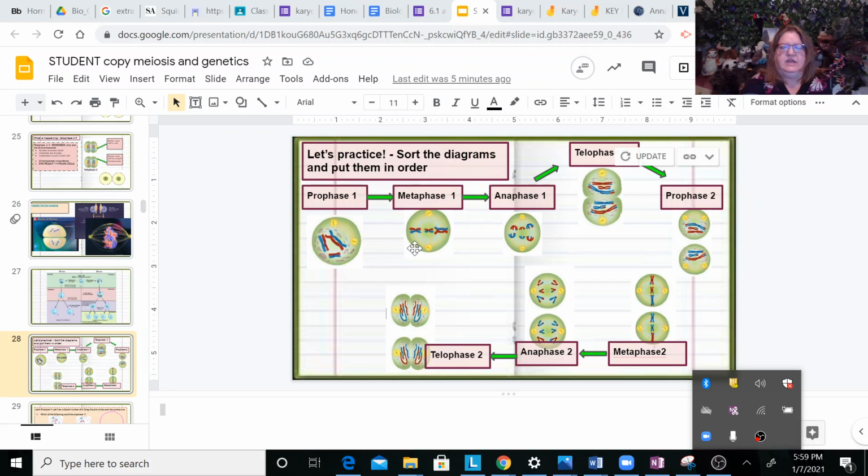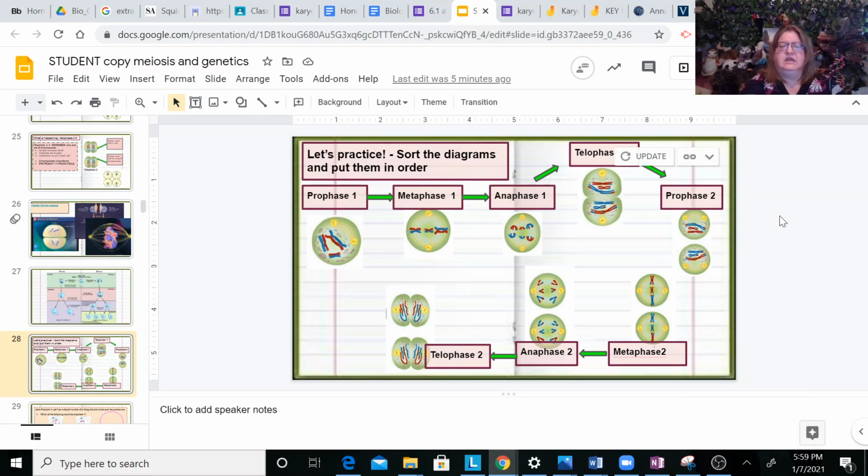One of the key takeaways for meiosis is that the homologous pairs are the most important thing that happens in meiosis. The homologous chromosomes pair up, and then in the first stages of meiosis, the homologous pairs are lining up together in metaphase one.